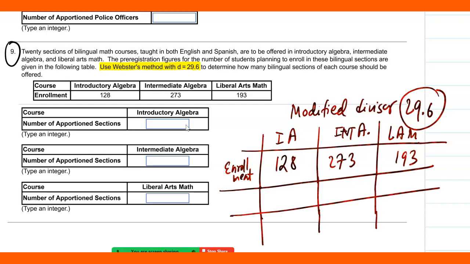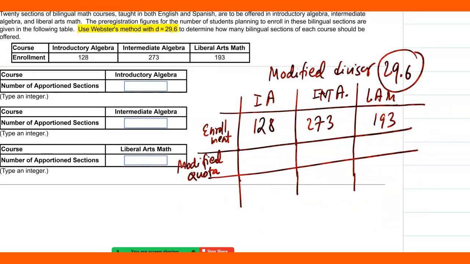We find the modified quota. Okay, how do you find the modified quota for introductory algebra? 128 divided by 29.6. Let's do the math here. Okay, you guys double check with me. 128 divided by 29.6, you get 4.32. That's the modified quota.